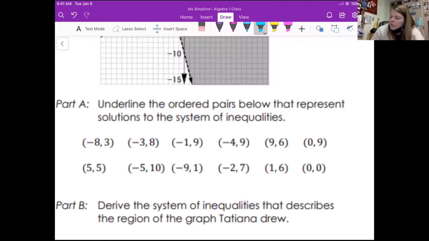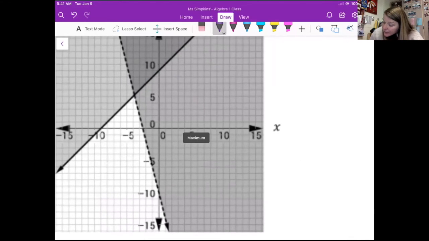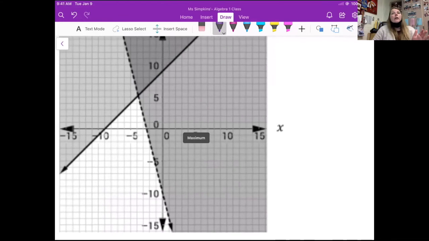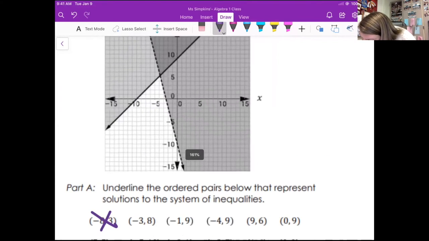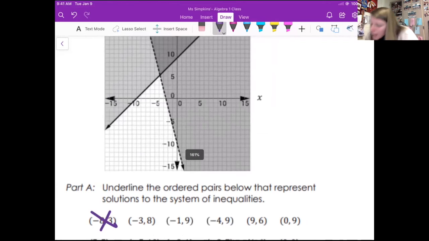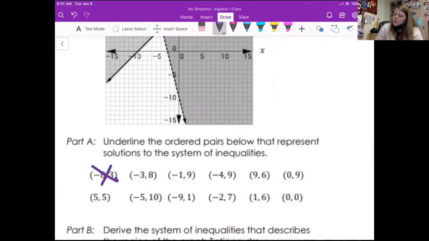So let's look at the first one, 8, -8, 3. No, -8, 3 is in one of the shaded areas, but it's not in both, so we can't underline that. What about -3, 8? 1, 2, 3, 4, 5, 6. I think it's in that area. Yeah.